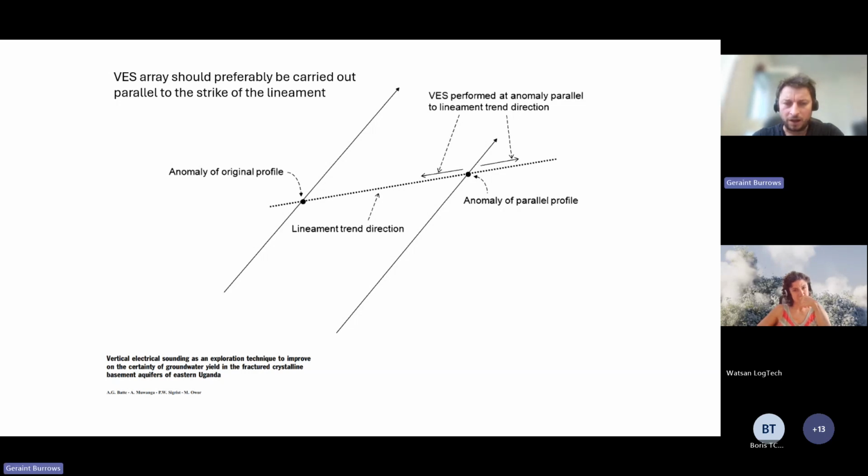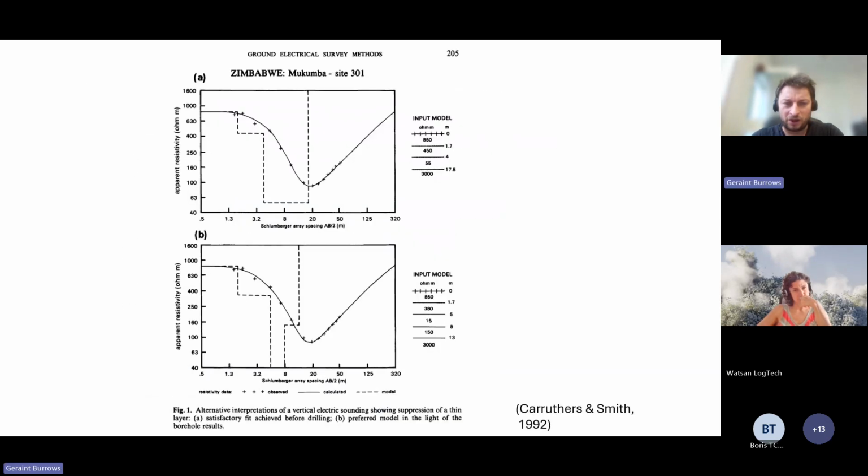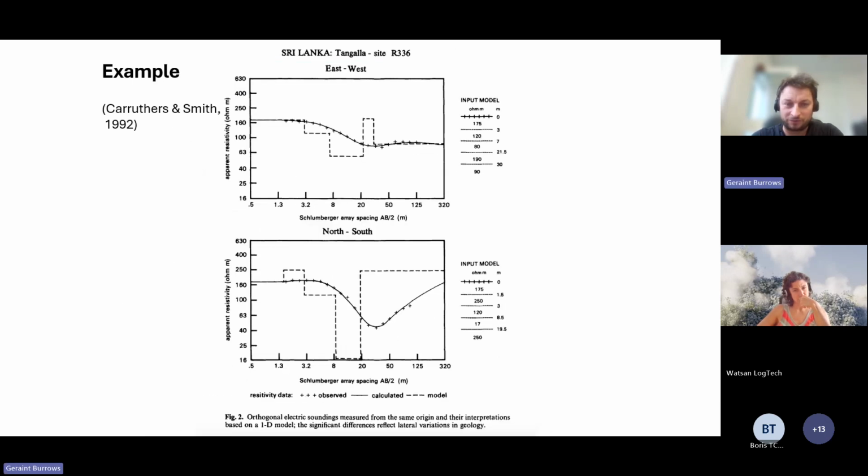I personally quite like what this person has done, in the sense that they've done a sounding both ways. But obviously that's not always practical in field conditions. You might have to do the vertical electrical sounding one particular way based on what's easiest, the road direction, whatever it might be.